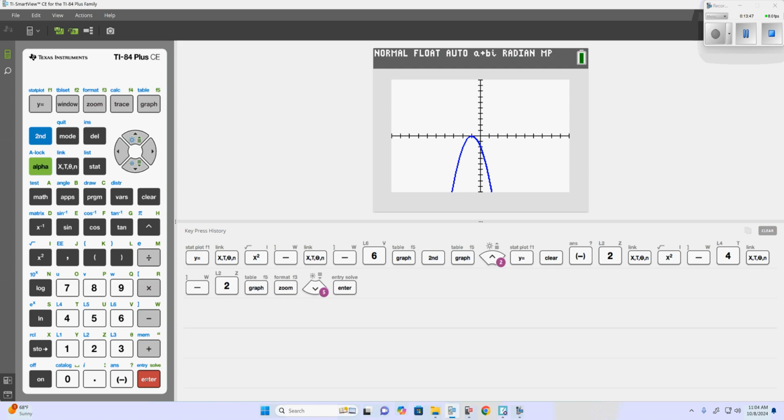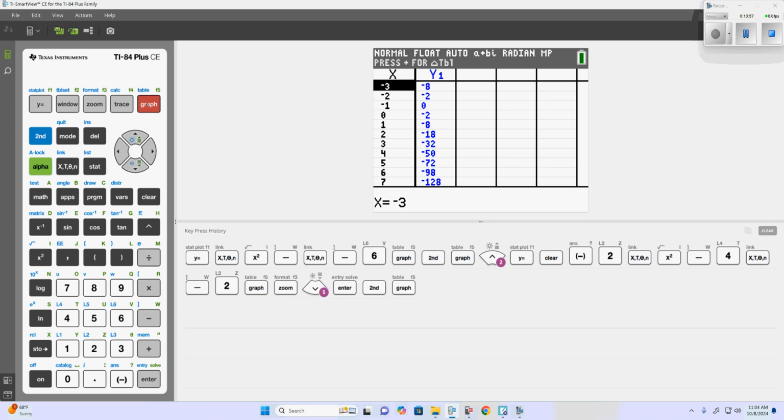So looking at this here, for us to solve by graphing, we need to see where it crossed the x-axis. We're looking for what value of x will make the y value be what? We're looking for 0. On the x or y? It's the y.